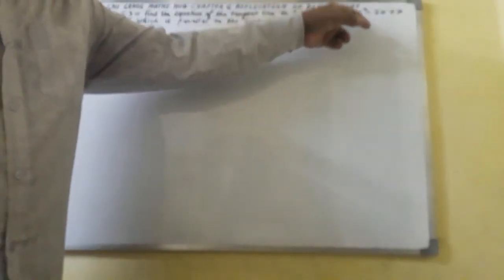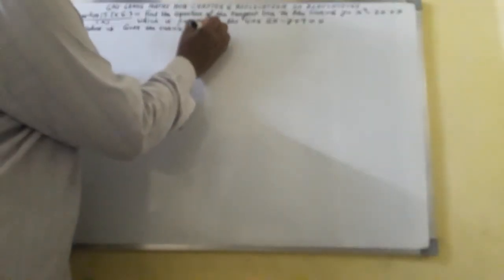Solution: here you can see the equation of the tangent line to the curve. The curve is given, y equal to x square minus 2x plus 7. So here I shall write, given the curve y equal to x square minus 2x plus 7.